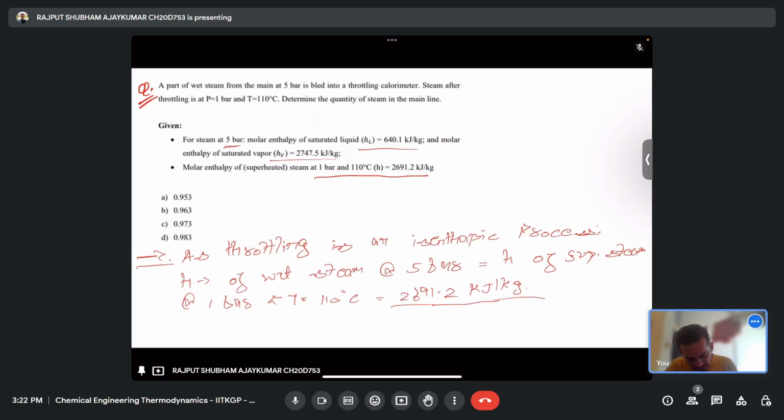Okay, now we know that the enthalpy of wet steam is equal to x HV plus 1 minus x times the enthalpy of the liquid, that is HV for the vapor and HL for the liquid.